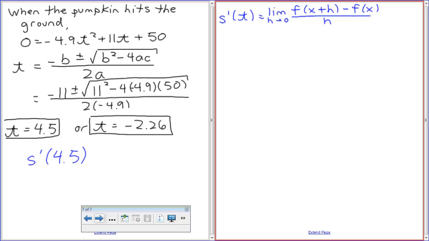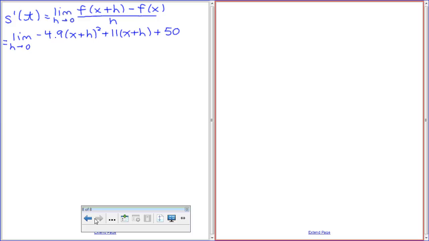All right, Haley, can you sub some numbers in here for me, please? It would be negative 4.9 bracket x plus h squared plus 11 bracket x plus h plus 50, minus bracket negative 4.9 x squared plus 11x plus 50, all over h.